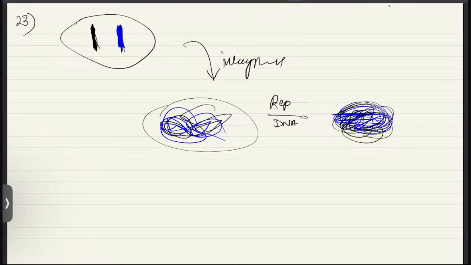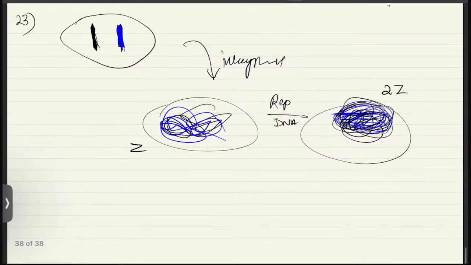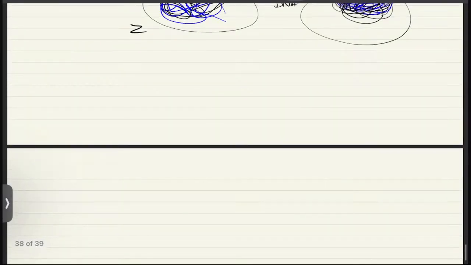See, this is more dense, with double the amount of DNA. So if the DNA content here was Z, here it has become 2Z. But if you look closely, this is DNA 1, this is DNA 2. These are the same DNA because one has been replicated from the other.